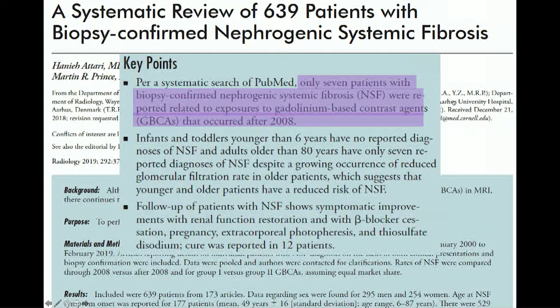So it would confirm that the measures that have been put in place to reduce exposure of renal failure patients to the higher risk agents and to overall reduce the dose of gadolinium have contributed to a near elimination of NSF.